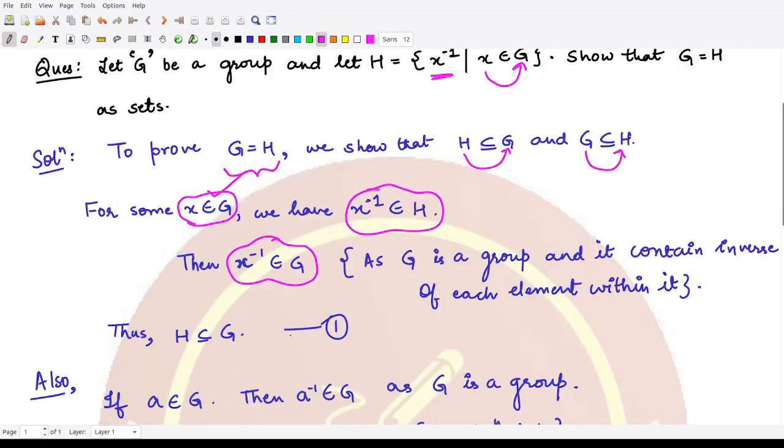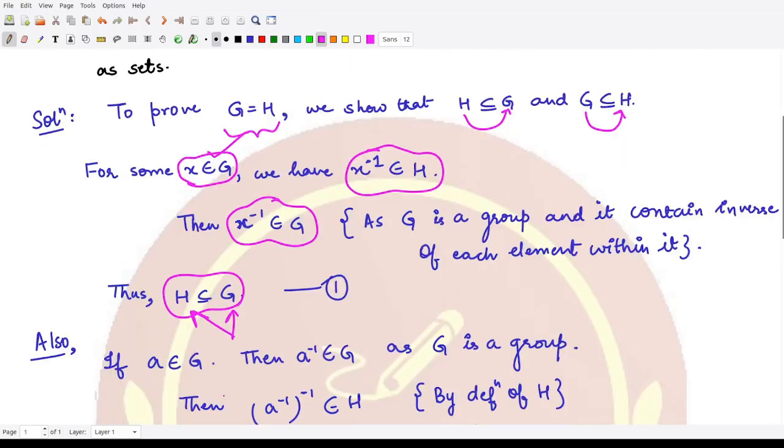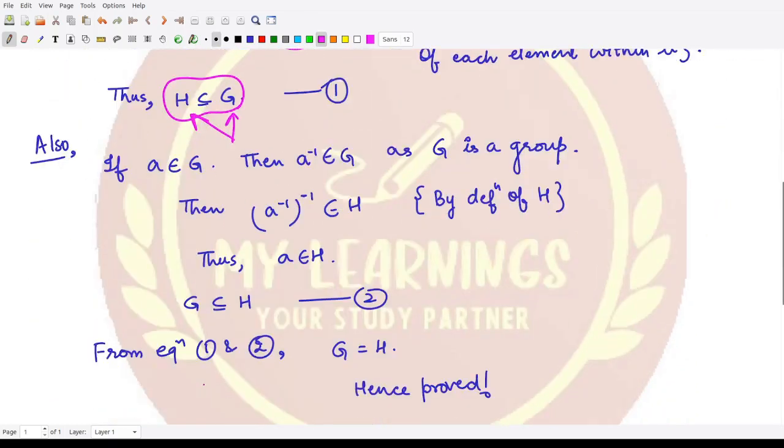For the second part, where we want to prove that G is contained in H, we take some element from G and show that it is also present in H. Let's take that element to be small a. If a is present in the group G, because G is a group, its inverse would also be present in G. This inverse is some element in G, let's call it b.